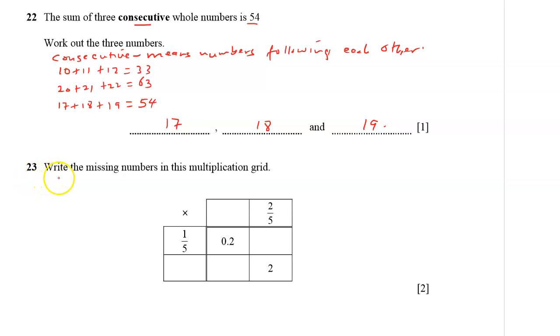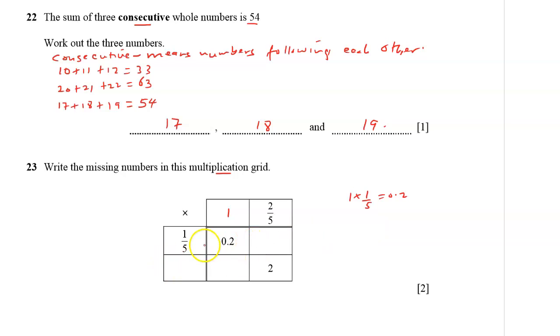Number 23, write the missing numbers in the multiplication grid. When you multiply some number and 1 over 5, you get 0.2. We already know that 1 over 5 is 0.2. Therefore, we can only multiply 1 over 5 times 1 to get 0.2. So this is 1 right there.